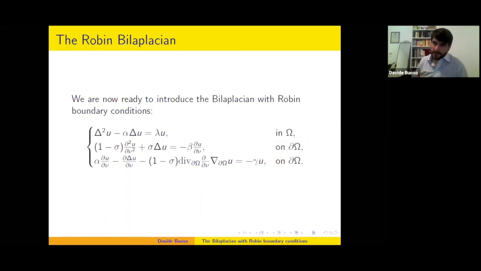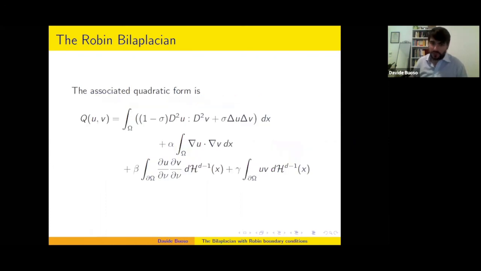Yes and no, in the sense that if you are completely free to invert, say that you set this part equal to minus gamma u and this part equal to minus beta du/dnu. The thing is that in that case the quadratic form has to change dramatically, in the sense that this is the natural quadratic form that you would get by adding boundary terms of Robin type.